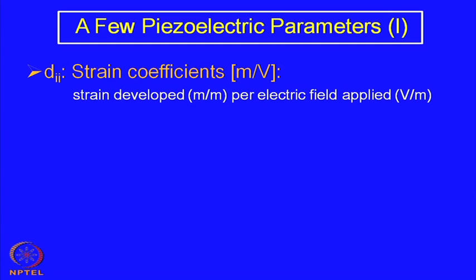It is actually dij, and the subscript denotes the direction of the application of the field and the direction of the consequent response. So, the strain coefficient is one parameter which describes the property of the piezoelectric materials, and its unit is meter per volt.